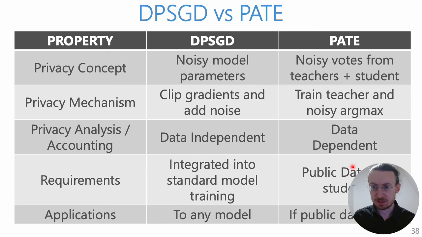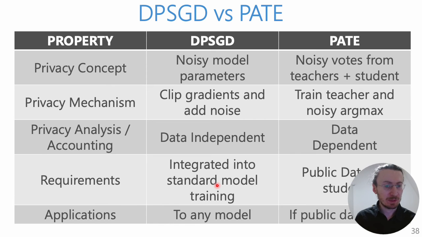What are the requirements? In terms of the requirements, we can integrate DP-SGD into standard training of any model, and in most cases we now have methods to do that. There are some exceptions. For example, we have to cater for specific layers and adjust them to be differentially private, but in most cases DP-SGD can be applied out of the box to training of a given model, especially with libraries like Opacus.